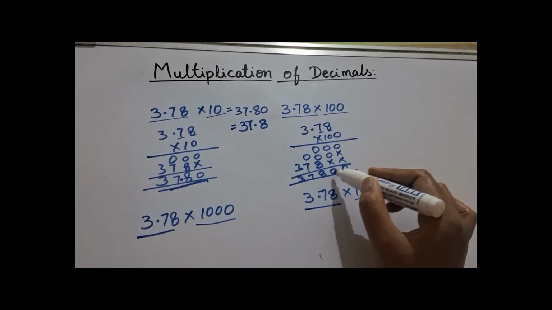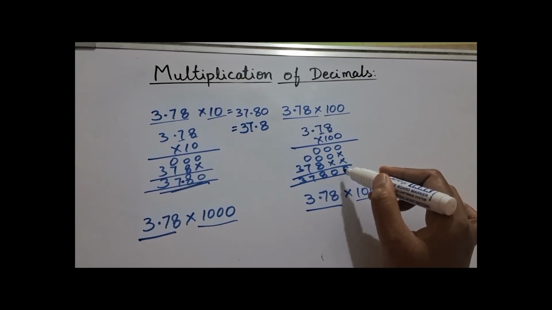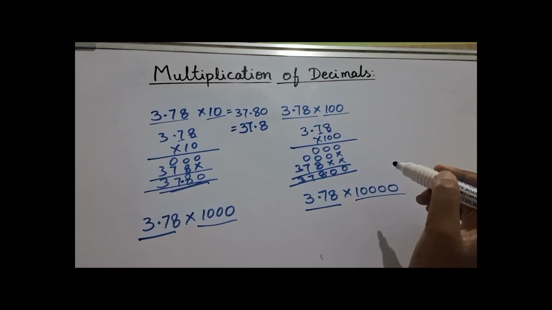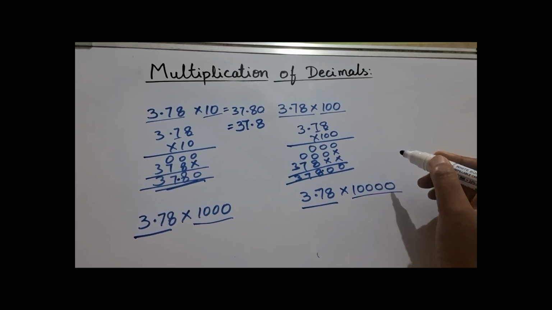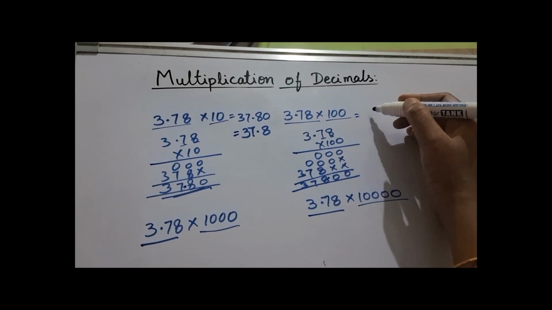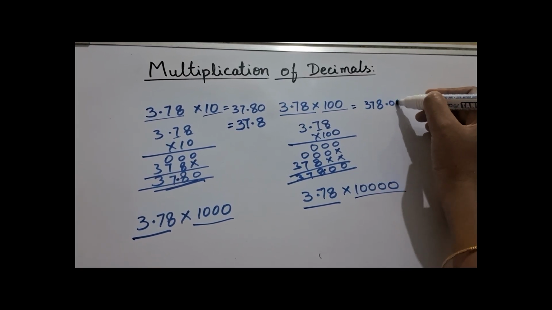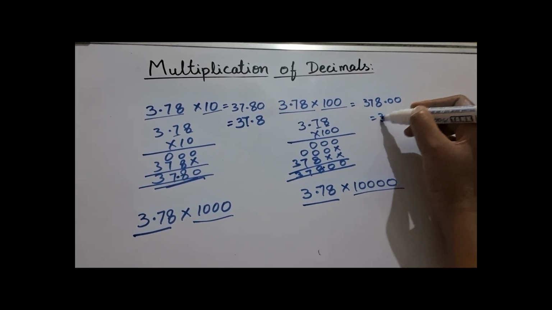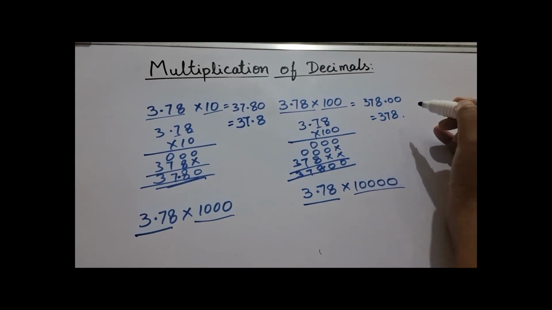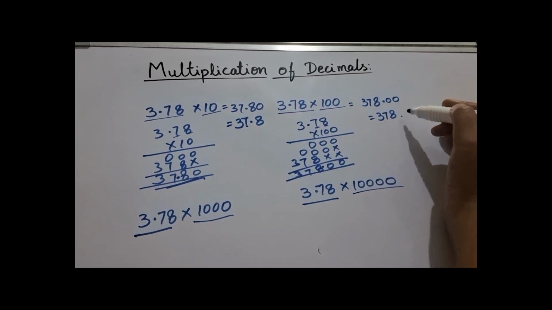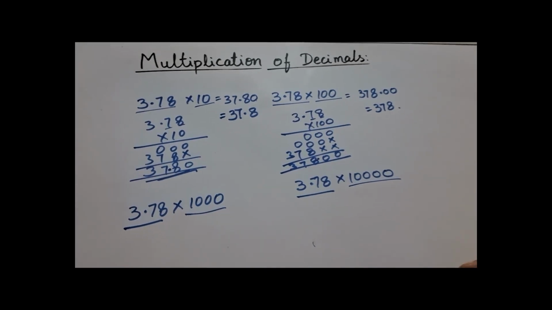So leave two digits from the right side and put the decimal point there. This answer, what did we get, children? 378.00. That means this can also be written as 378, only the whole part, because the decimal part is zeros here. So only the whole part.